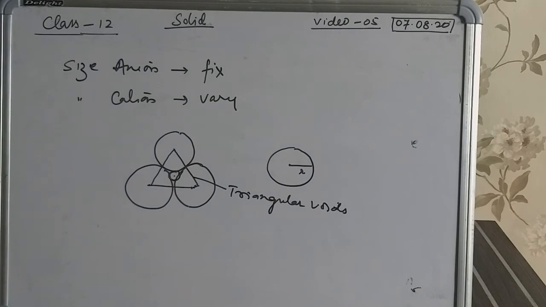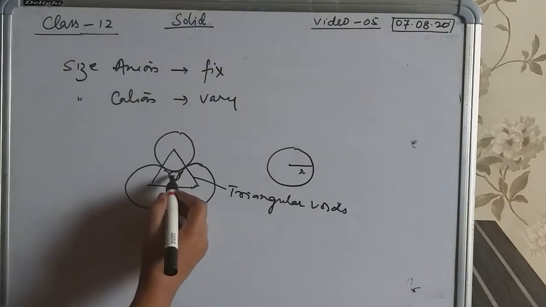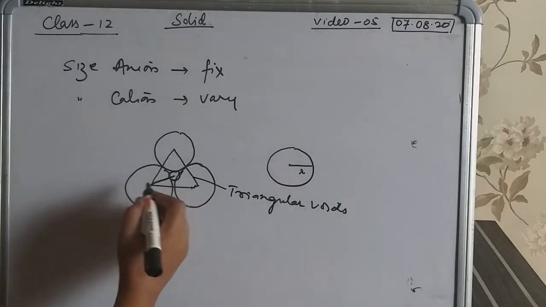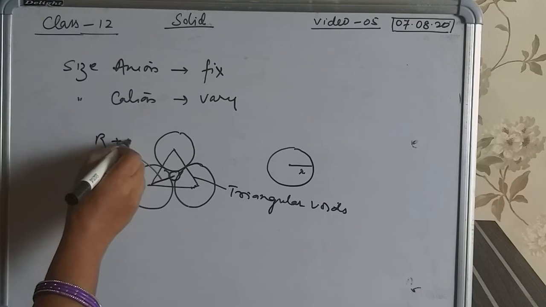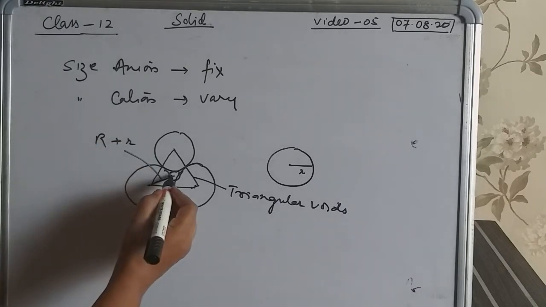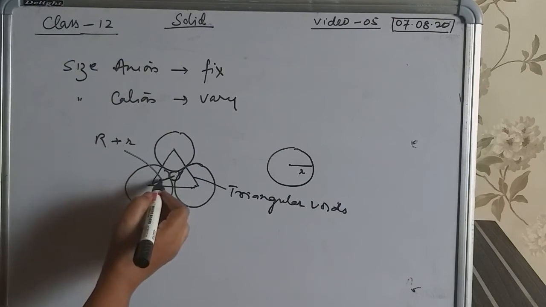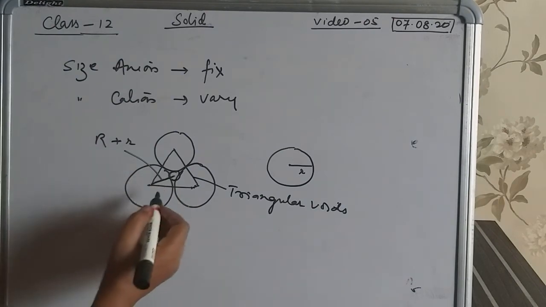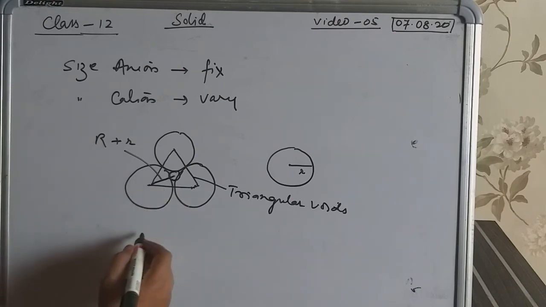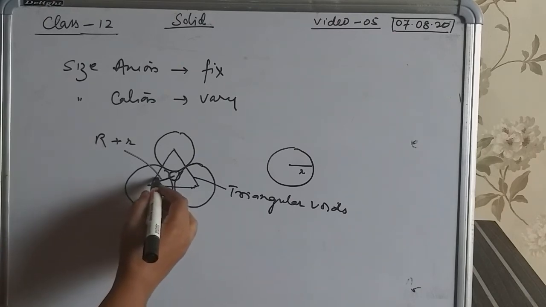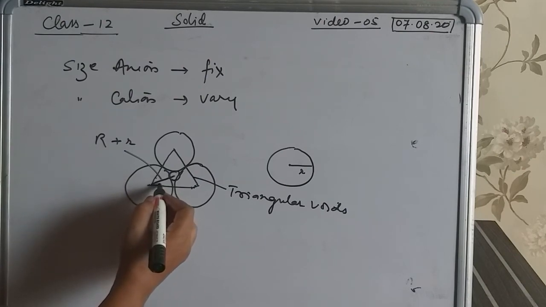So at first see here, from here to here it is r plus R. This R is for this particular radius and this r for this particular radius. And we know the angle is 60 degree and this particular angle becomes 30 degree.